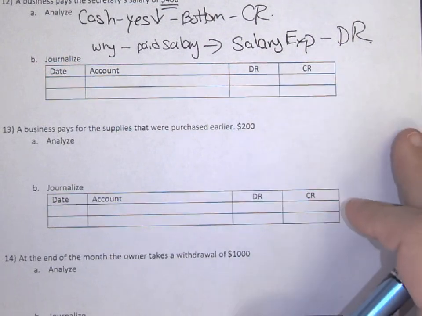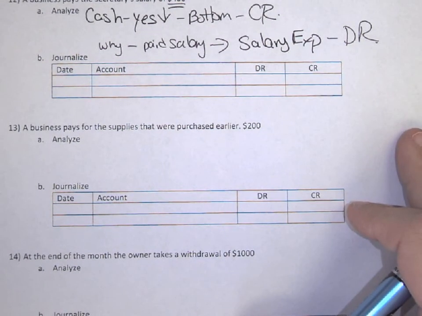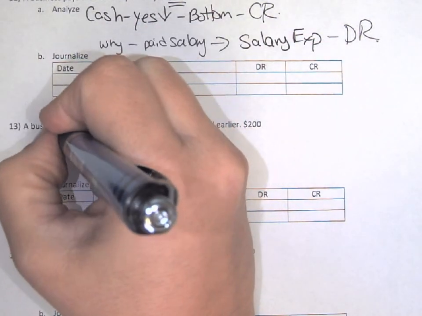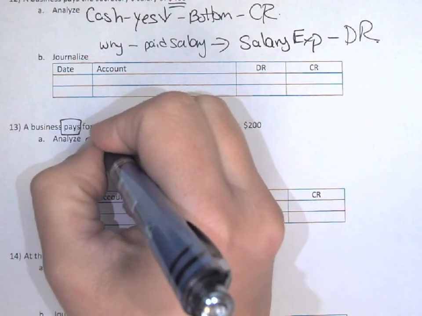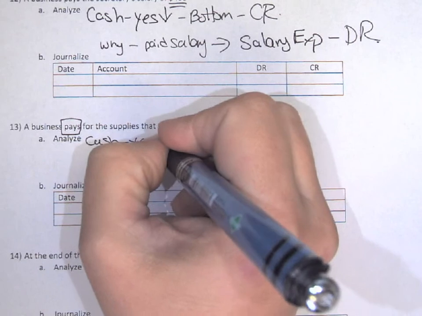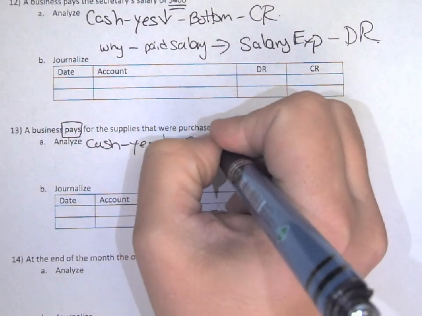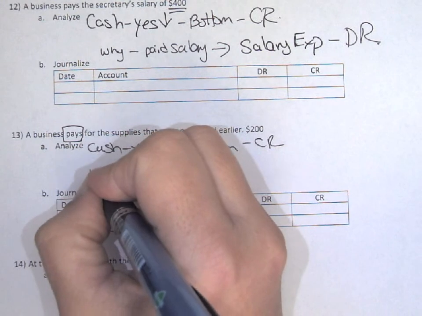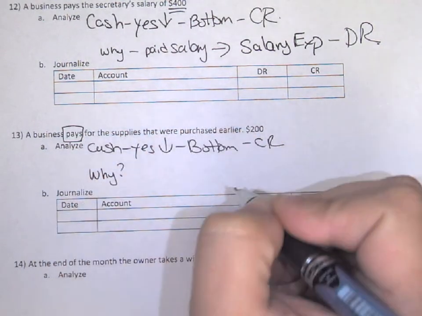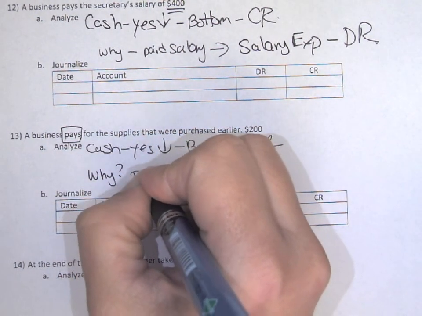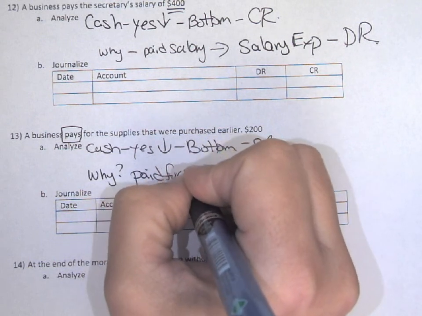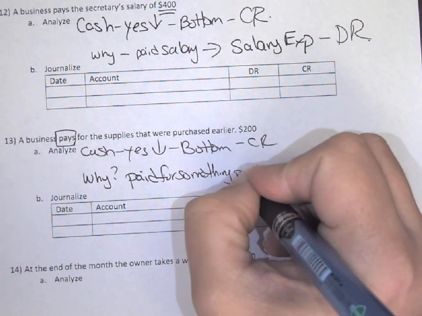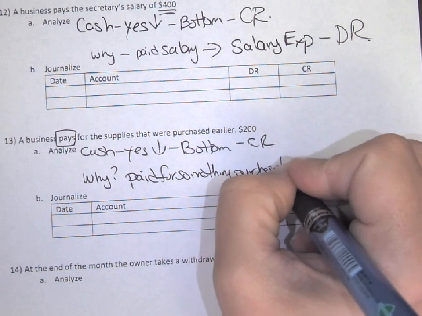13. A business pays for the supplies that were purchased earlier for $200. So the keyword here is pays. That means that, yes, cash is going down. It's going to be on the bottom. That is a credit. Why? Well, we paid for something purchased earlier.